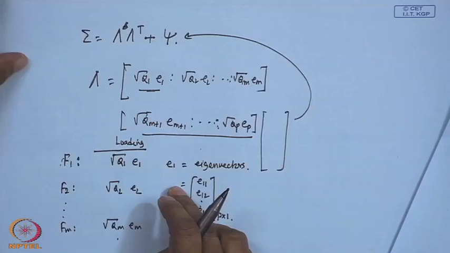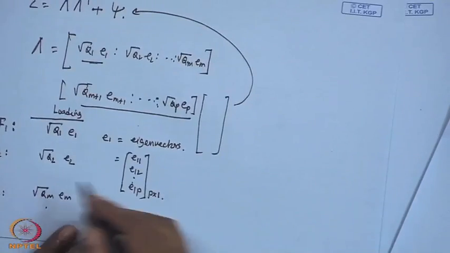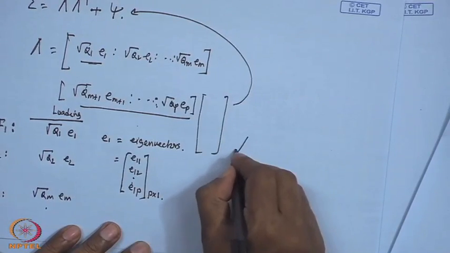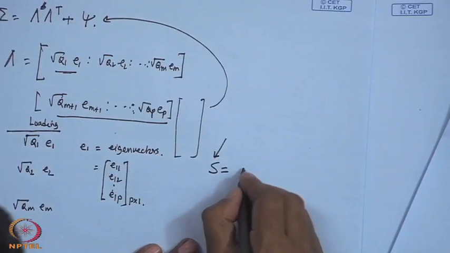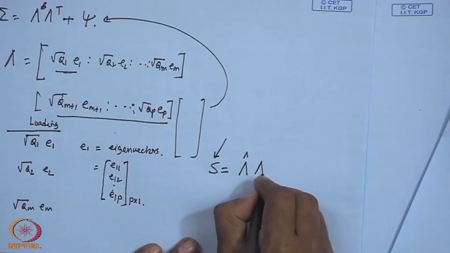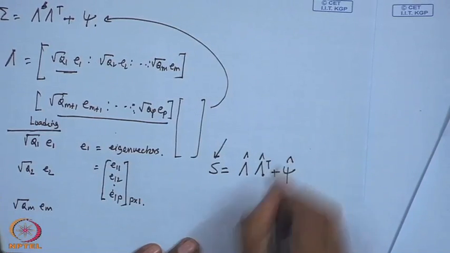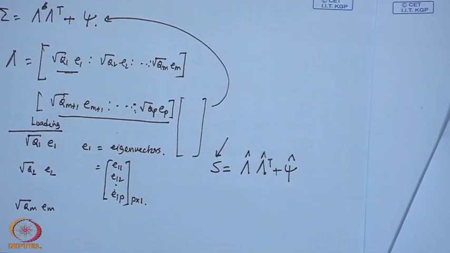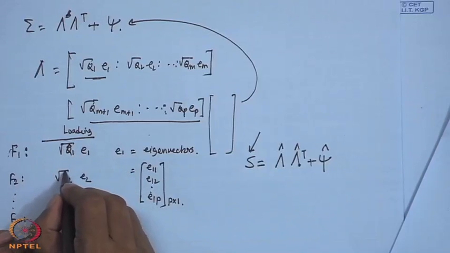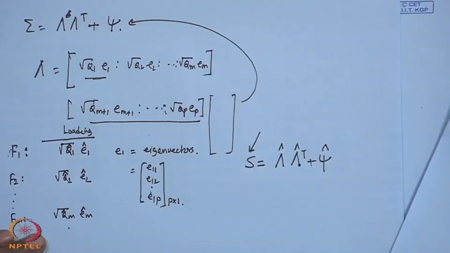Once you have these values, but how do you get these values? You will use the S matrix, that is the sample covariance matrix, which we will then write as lambda cap, lambda cap transpose plus psi cap. So in this case all will be cap: E1 cap, E2 cap, Em cap.